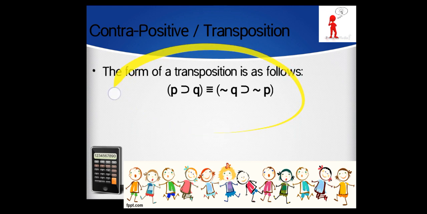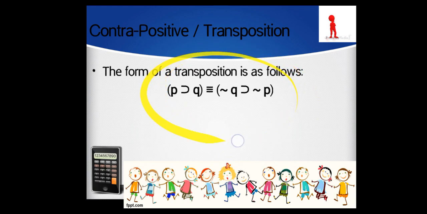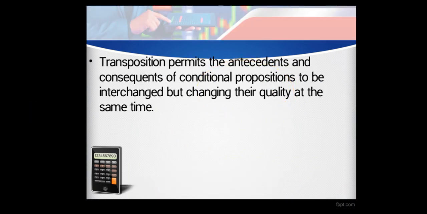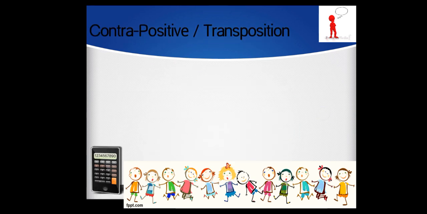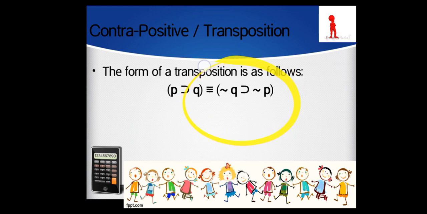P implies Q is equivalent to not Q implies not P. It is not positive but negative. That's why this has a not, because it is not positive. It is negative.